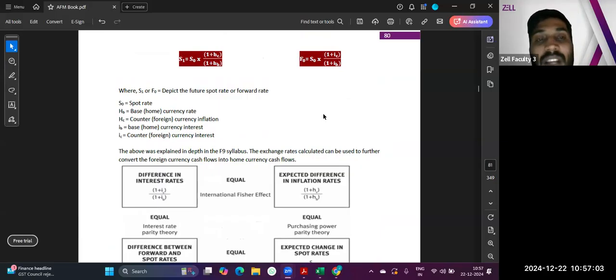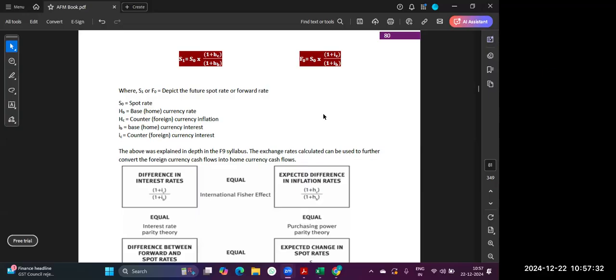HC is, a simple way to remember, 1 plus foreign currency inflation or interest divided by 1 plus home currency interest or inflation. If you take the interest factor to calculate the foreign exchange rates, it is known as interest rate parity theory. And if you take inflation as a way to calculate the future rates, then it becomes purchasing power parity theory.